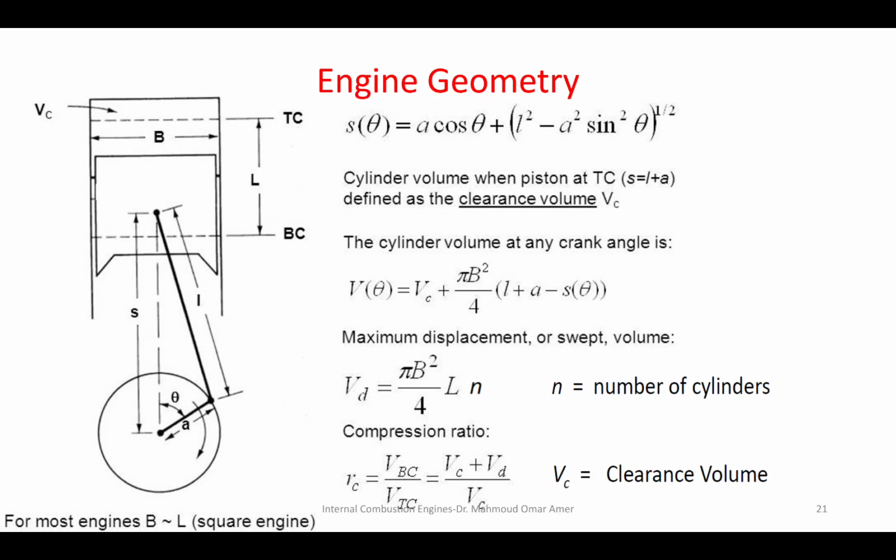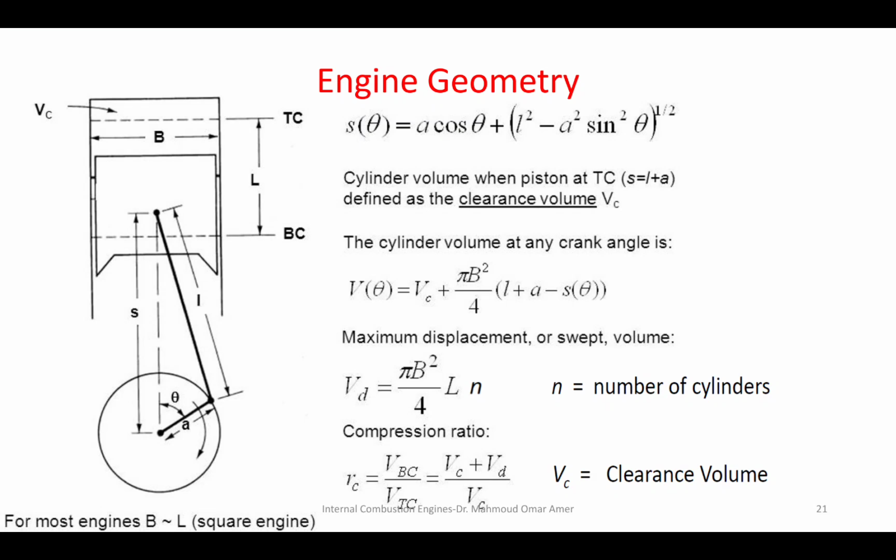The equation that you already know is the VD, which is the displacement volume. This volume is pi over 4 B square times L, times N, which is the number of cylinders. Pi over 4 B square L is the volume of one cylinder. According to the number of cylinders, we multiply it by N.